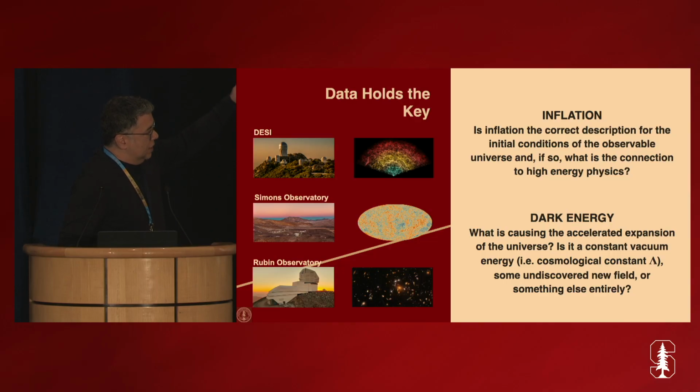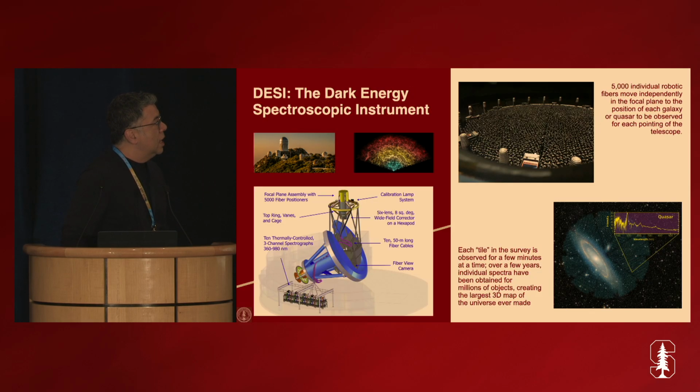That's just to say that we currently have large surveys of large-scale structure ramping up that should tell us about this. One that I worked on quite a bit in the last few years is the Dark Energy Spectroscopic Instrument, so I want to take you a little bit through that.